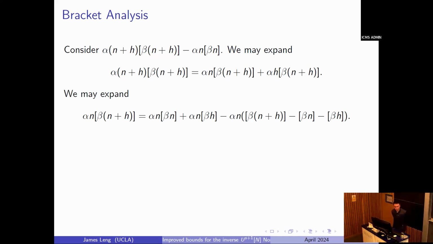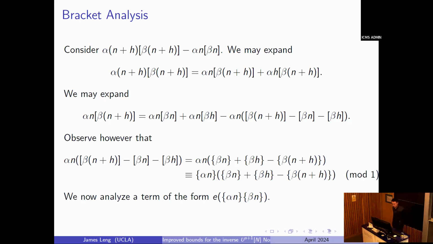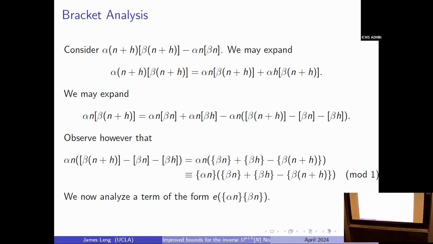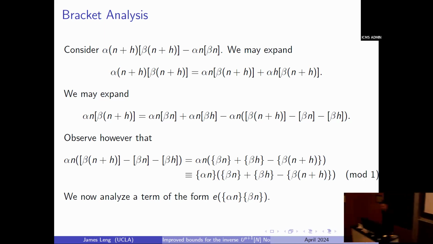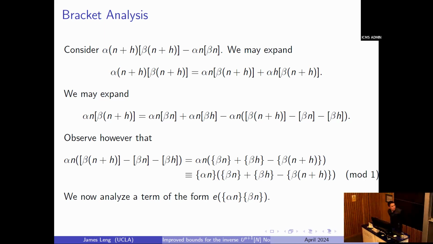You get an error term that appears when you apply the distributive property, but somehow these error terms are manageable. One way to see this is that you could write these error terms as a sum of a product of two bracket things.